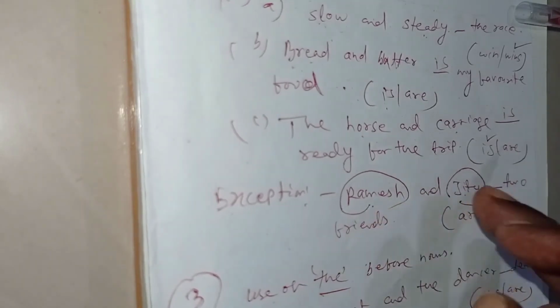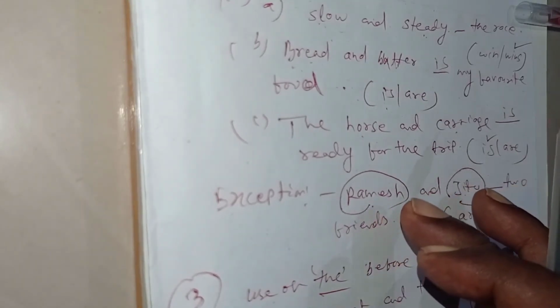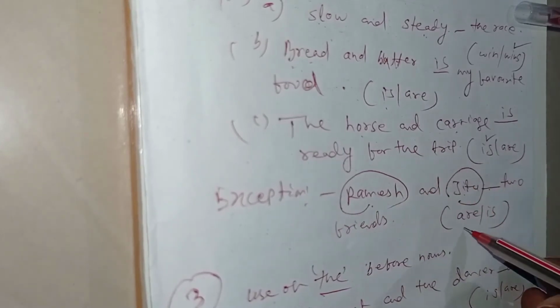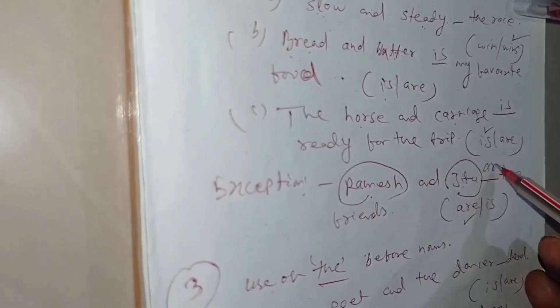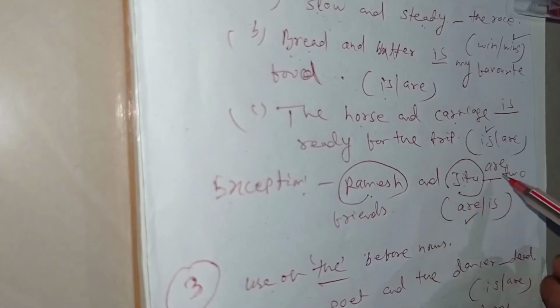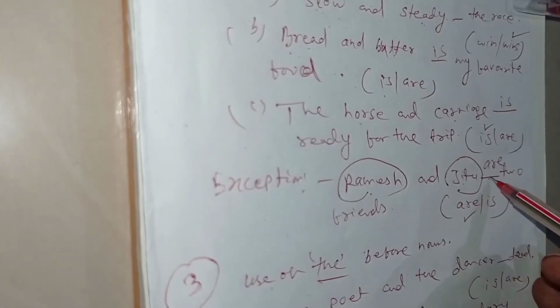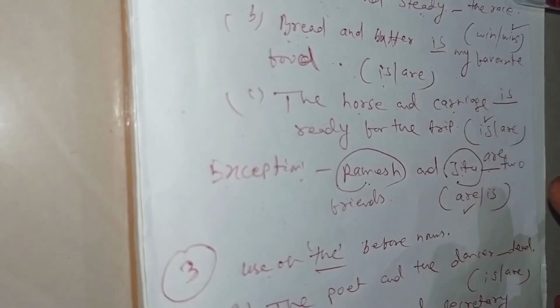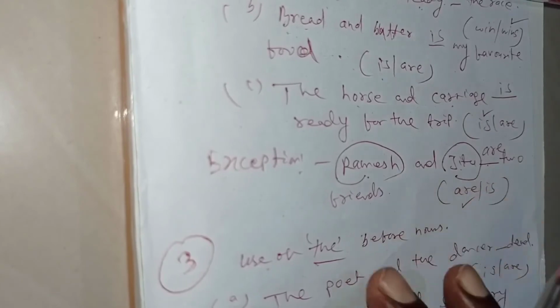That is why they are treated as a third person plural subject. That is why they must take are. Here is is impossible, are is used. So are is the proper verb form for this sentence. Okay.